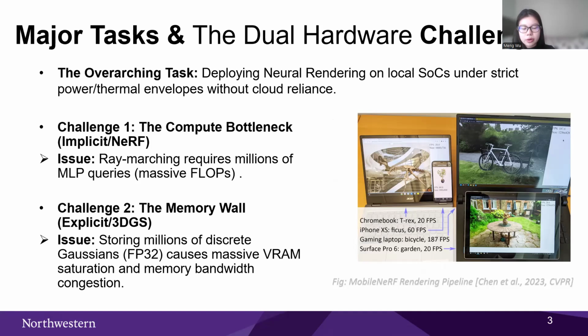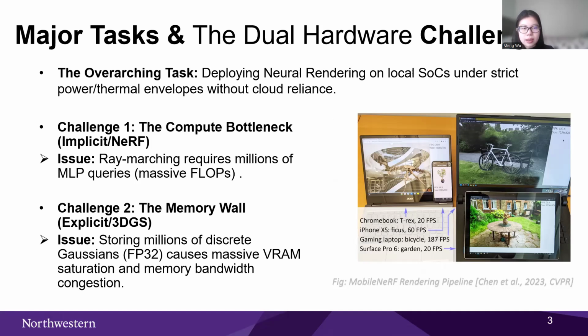This massive number of network evaluations makes NeRF highly compute-bound. The millions of floating point operations quickly exceed the thermal and power limits of mobile system on chips, resulting in very low frame rates.